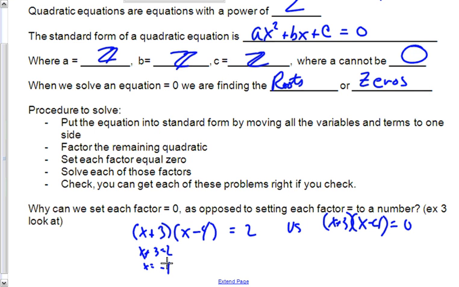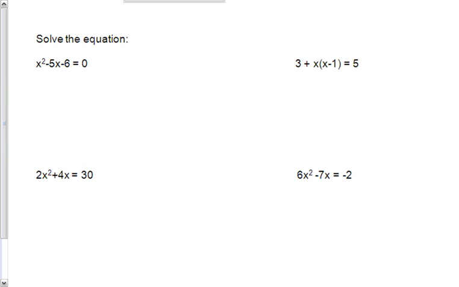Well, if you plug that in, it only makes the left one 2. It makes this thing negative 5, which isn't 2. Over here, though, if you set this equal to 0, you get x equals negative 3, and you plug that in, you do get 0. It's the zero property. Anything times 0 is 0, so it only works when it equals 0, and that's a big deal.